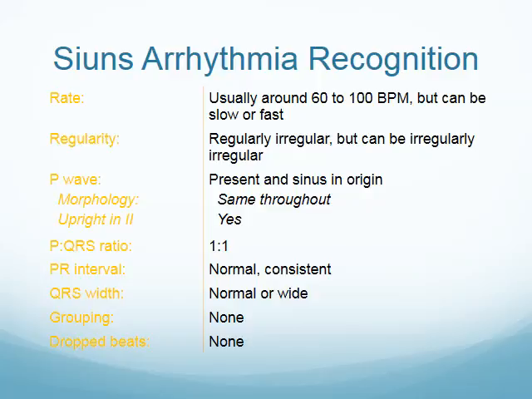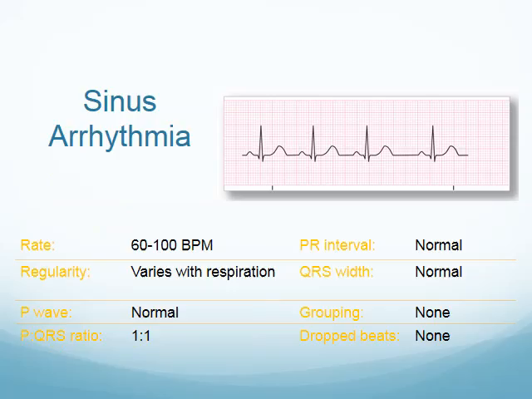The P-wave morphology is sinus in origin. It's going to be the same and upright in lead 2. The P to QRS ratio is 1. There's going to be 1 P wave for every QRS complex. The PR interval should be consistent. The QRS width should be normal, and there's no grouping or drop beats.